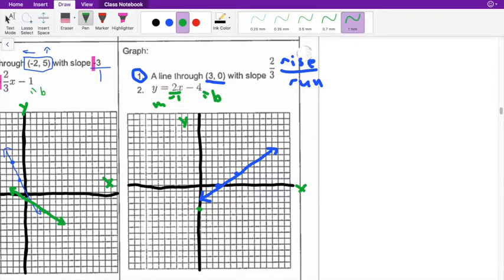So up 2, 1, 2 over 1. It's going to cross into that line. And we make a nice straight line like so. That was my worst line yet. Try to make a better line than I did. All right, so we'll pause it here until everyone's got that done. Then we're on to the next question.